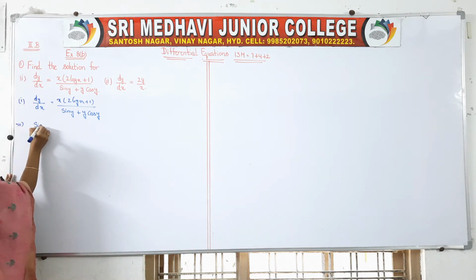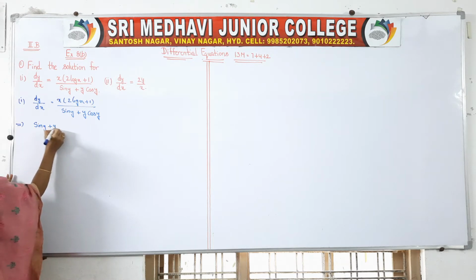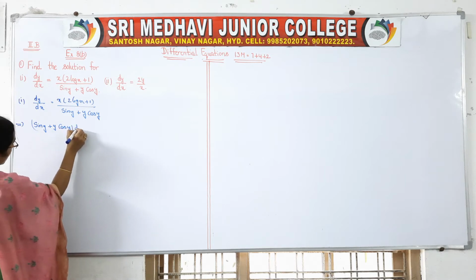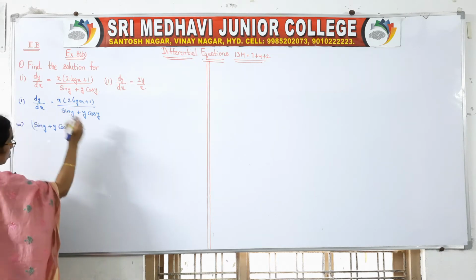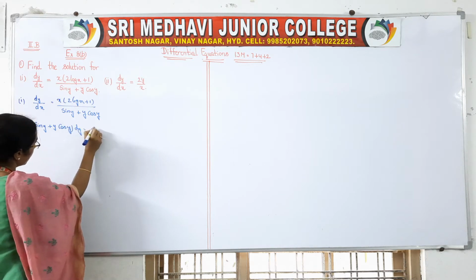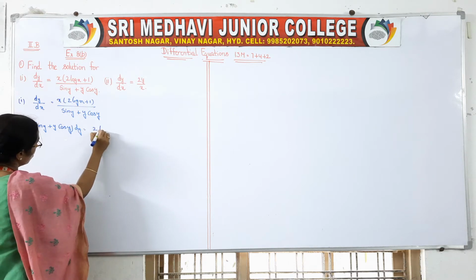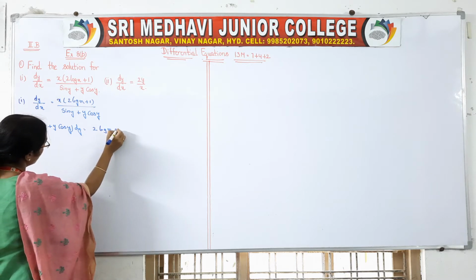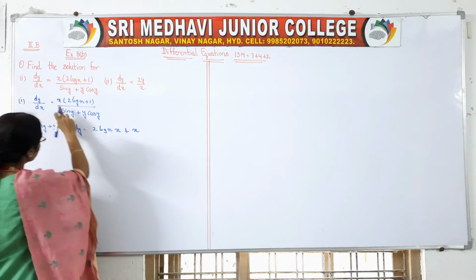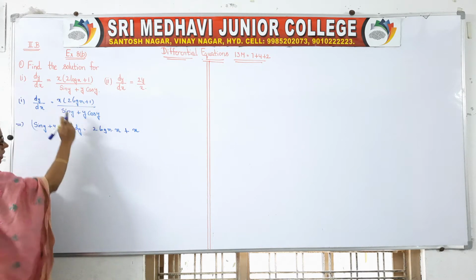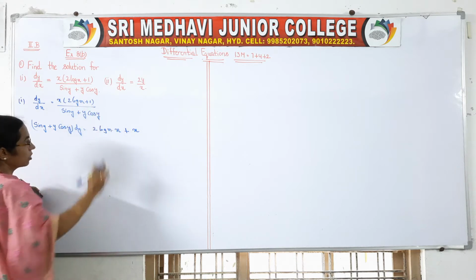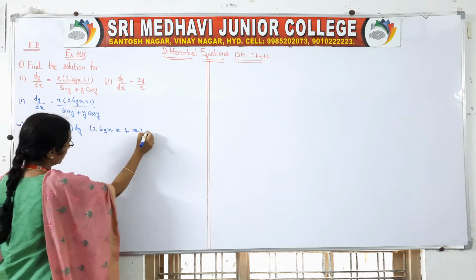Your sin y plus y cos y into dy is equal to, now we can write this as, send the x inside, 2 into log x into x plus x, sending x inside, 2 into log x into x or x into log x, next 1 into x into dx.